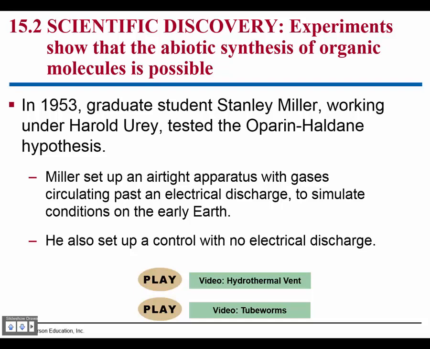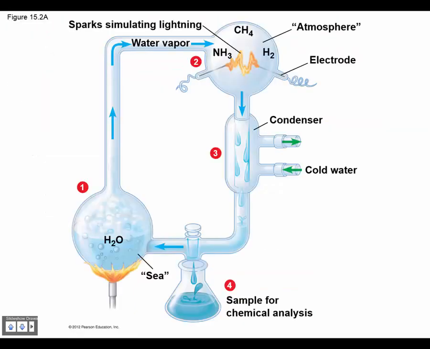In 1953, Stanley Miller tested the Oparin and Haldane hypothesis, and so he makes this apparatus. He puts gases in there and gives an electrical charge, and he simulates what the early Earth environment would look like, and then he set up a control, and boom, he made kind of nucleic acids.